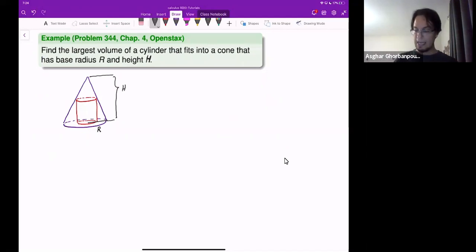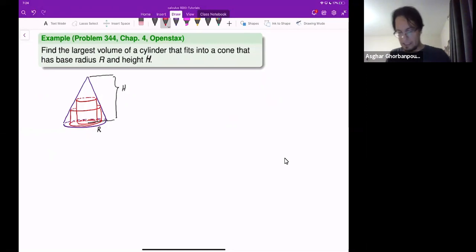What we can change is that I can try to fit different cylinders inside this cone. The question is which one of these cylinders is going to have the maximum volume?